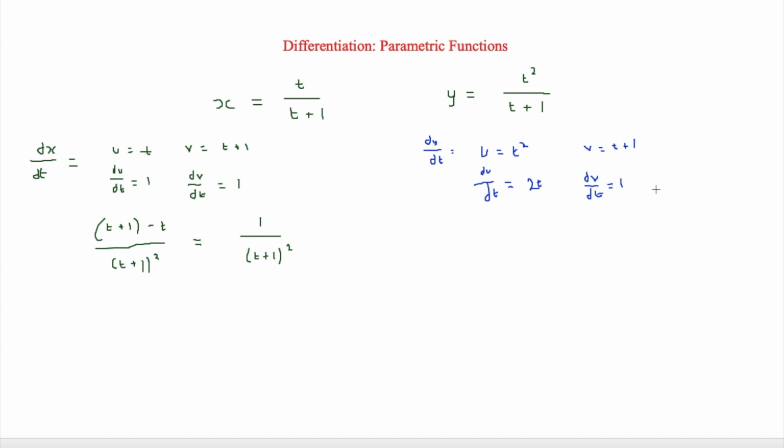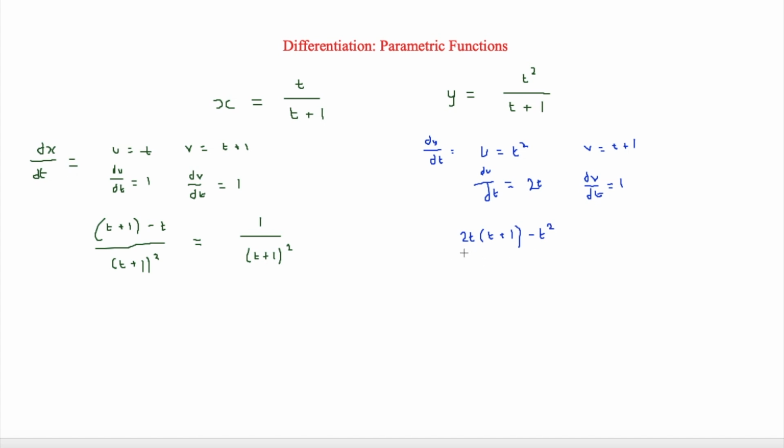So this means that what we're going to get is this times by this. So we can put this as 2t and then t plus 1 and that's going to be minus t squared.